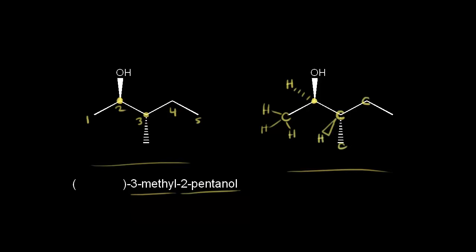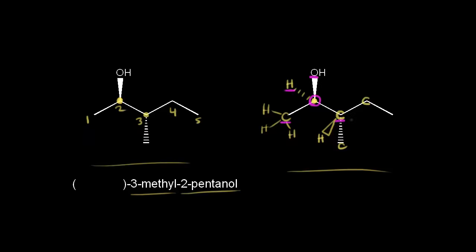So let's assign priority to our 4 groups. Remember, that was our first step when we're trying to determine the configuration of a chirality center. So here's our chiral center. We look at the atoms directly bonded to that carbon. There's an oxygen, a hydrogen, a carbon on the left, and a carbon on the right.